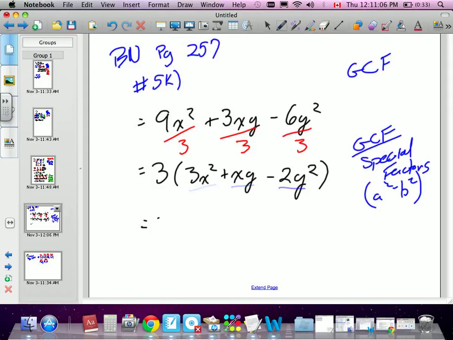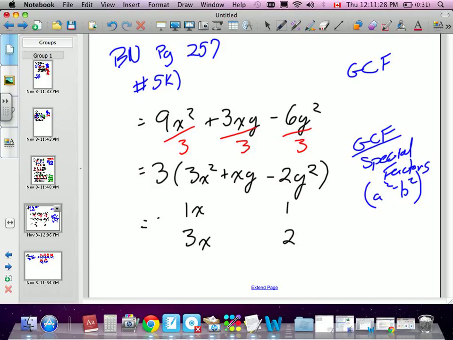So I'm going to find the factors of my first term, which is 3x squared. That gives us 1 and 3. And what's important is it's 1x and 3x. Then the factors of our last term, the number 2, are 1 and 2.